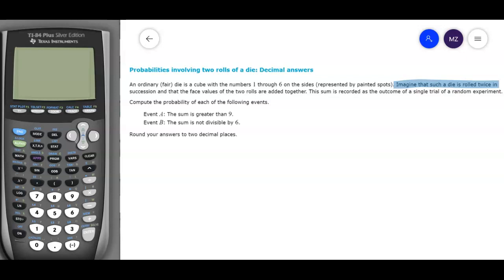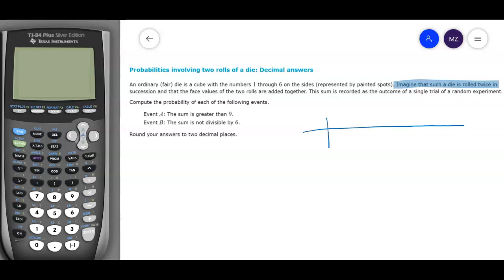Usually for probability problems, you want to know what the universal set or the sample space is. We know how many there are: 6 by 6, so 36. But it's useful for this question to know what the outcomes are.